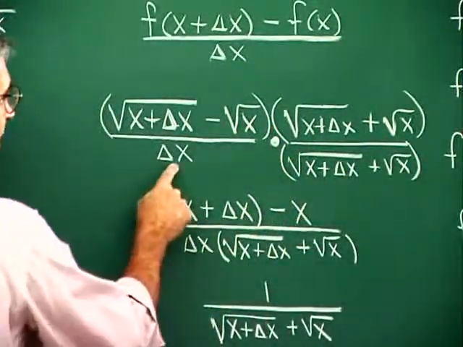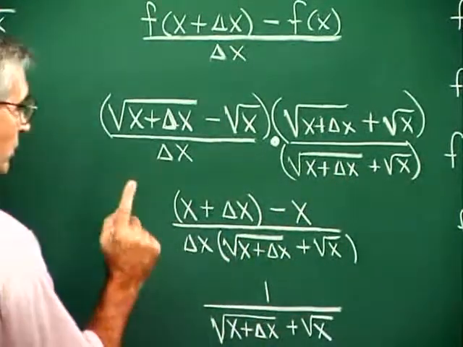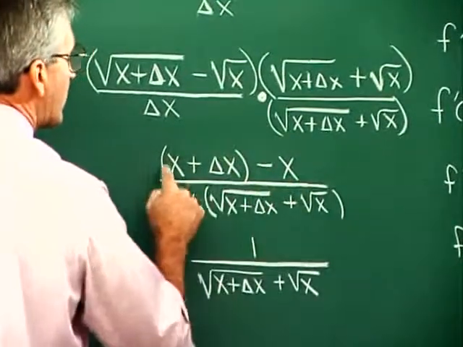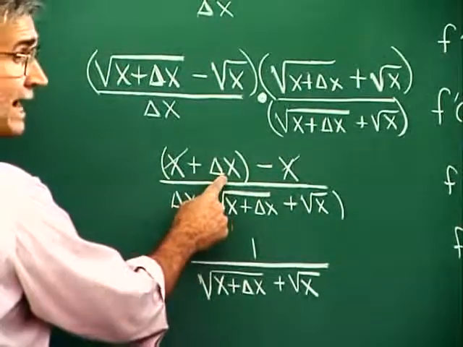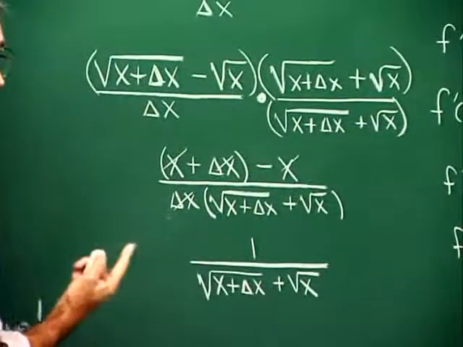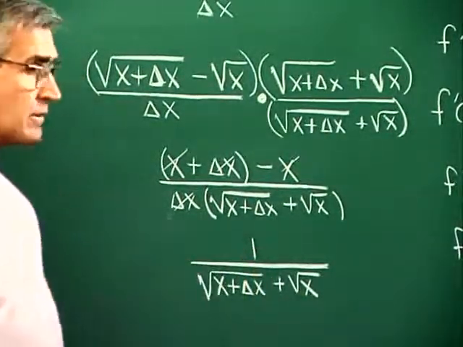And in the denominator, we have delta x times this. And then in the numerator, the x plus delta x minus x. When we drop the parentheses, these x's will take each other out, and we'll have simply delta x. And then the delta x cancels with this delta x, and oh happy day, we've gotten a nice cancellation that we were looking for, and this is the fraction that comes out of this.